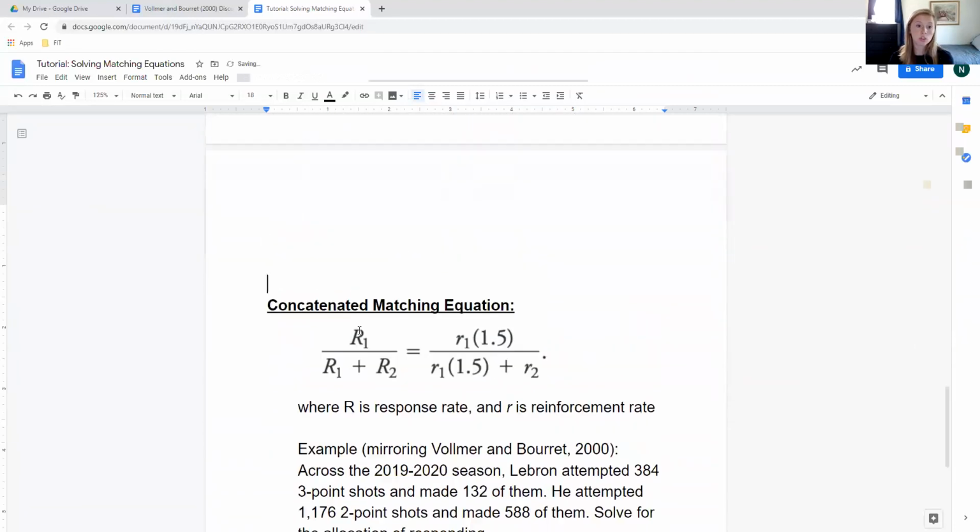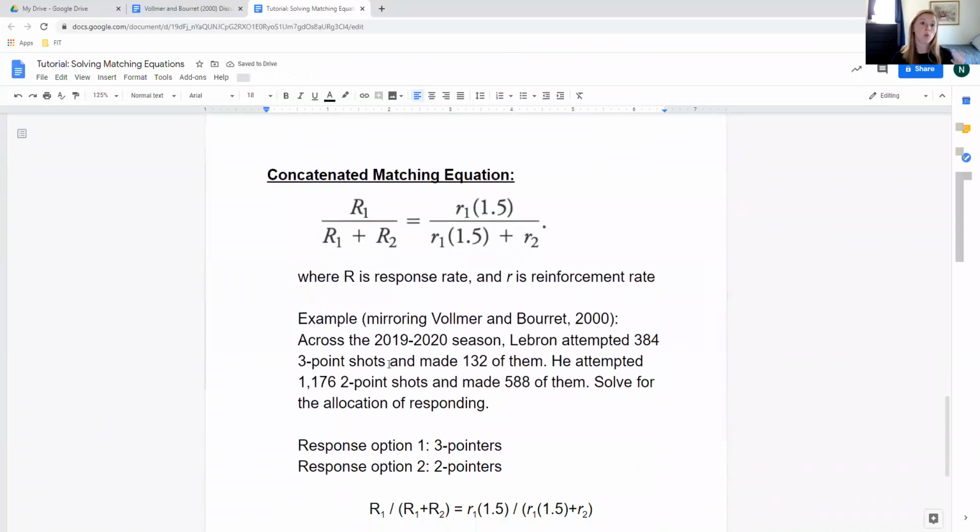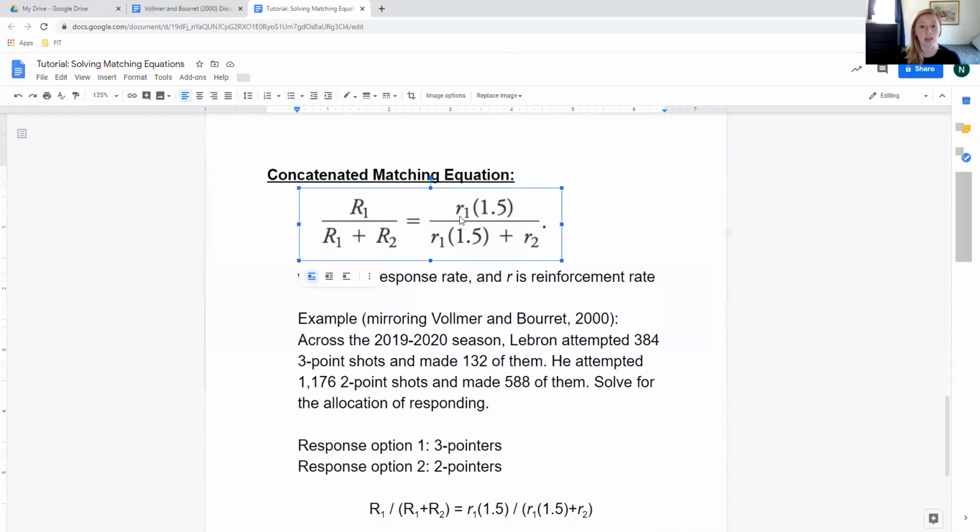This is used when there are two reinforcers available that are worth different magnitudes of reinforcement. In this case, they looked at 3-point shots and 2-point shots in a basketball game. To do an example like that using the concatenated matching equation, we're going to take a look at that too.